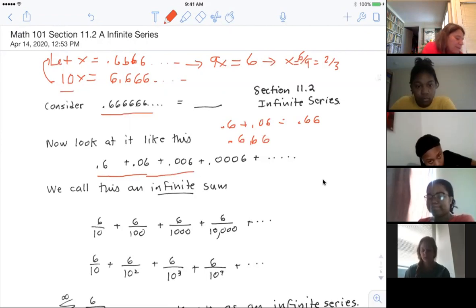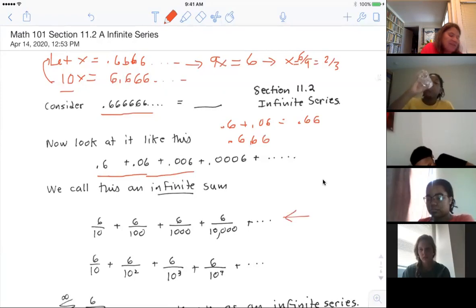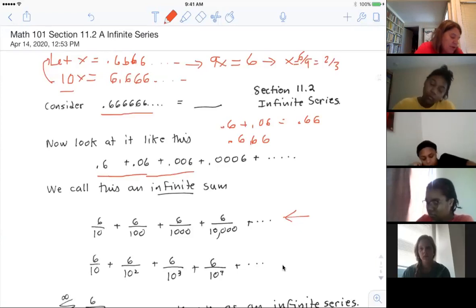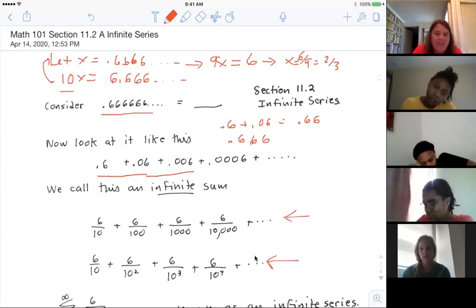So 0.66666 is the same as 6/10 plus 6/100 plus 6/1000 plus 6/10,000 and so on. And for every one of these you add on, you're getting something a little closer to 2/3. Now, if you look carefully, that's 6/10, 6/10 squared, 6/10 cubed, 6/10 to the 4th.